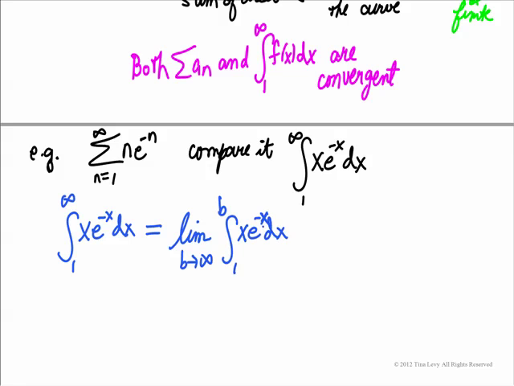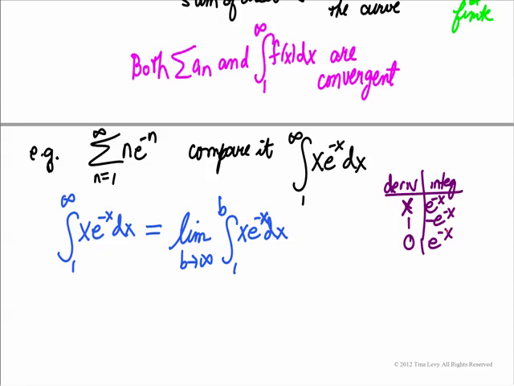But this is going to be an integration by parts, and I'm going to do a little shortcut on the side to do that. My shortcut is I take my derivative column and my integral column. I have x, the derivative of x is 1, the derivative of that is 0. I have e to the negative x, negative e to the negative x, positive e to the negative x.